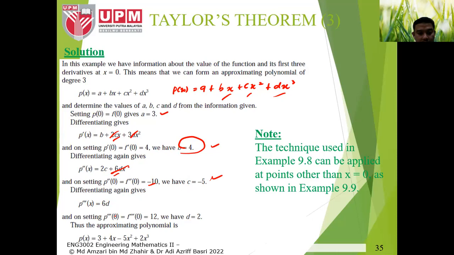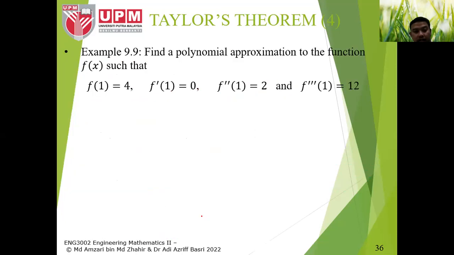So when x is 0, you will get the answer 12, and your d is 2. So when you put everything in your equation, this is your final equation: a is 3 plus b is 4, 4x, minus 5x squared, and 2x to the power of 3. So this is your final polynomial equation.